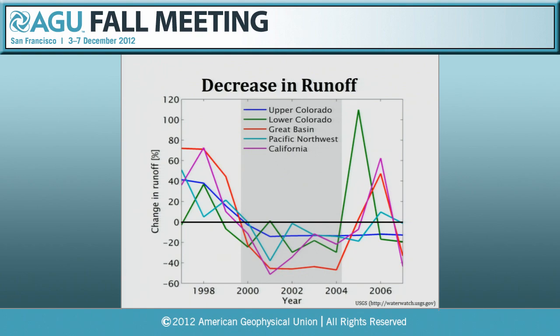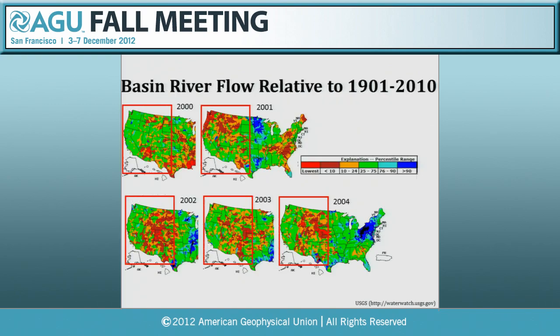And what you're looking at again is a time series. This is the change in runoff expressed as a percentage relative to the 11-year mean. And the same type of precipitous decline relative to the turn-of-the-century drought that we saw in all these other indicator variables is also present here.